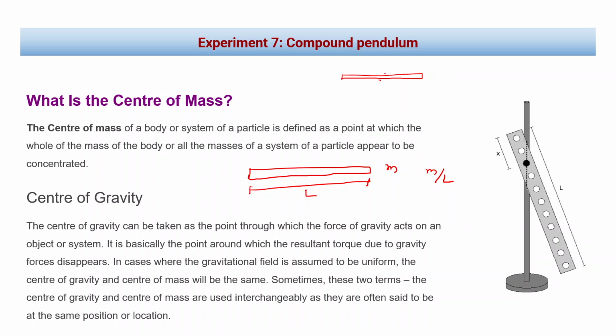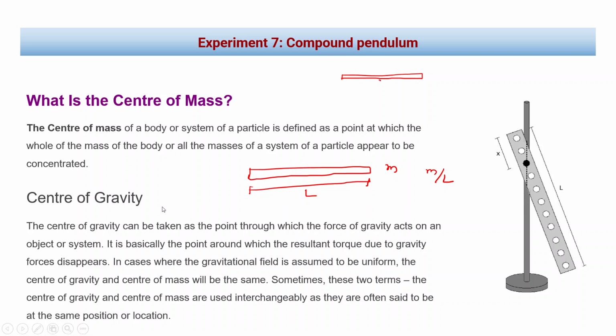That point is what we consider that all the mass is situated there, and that's why we are able to hold it from that particular position. This is the point in that body which is defined as center of mass.